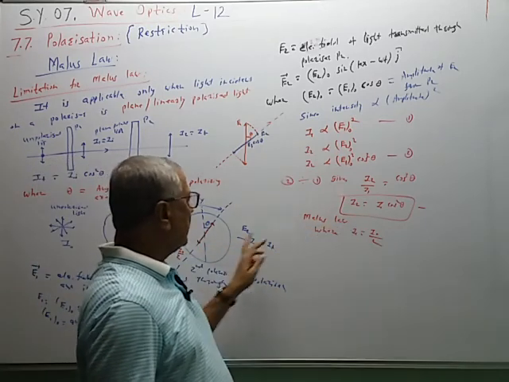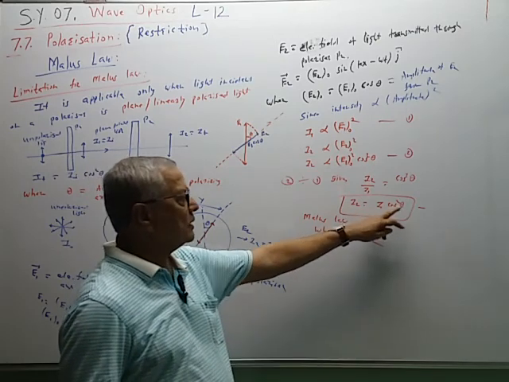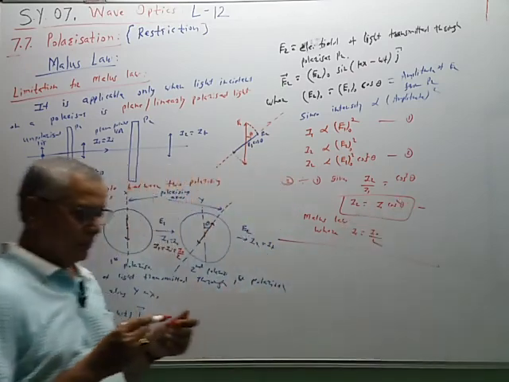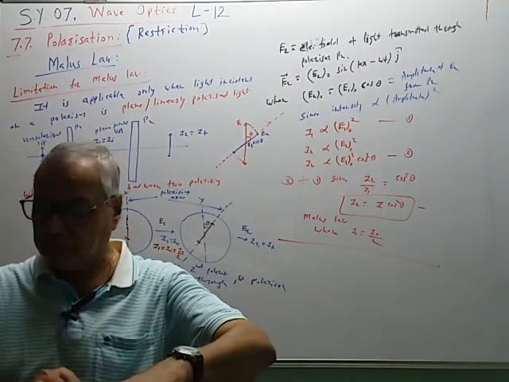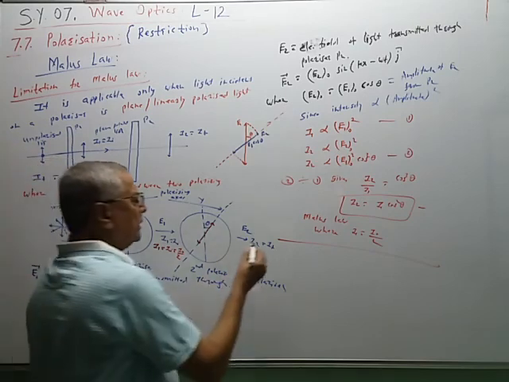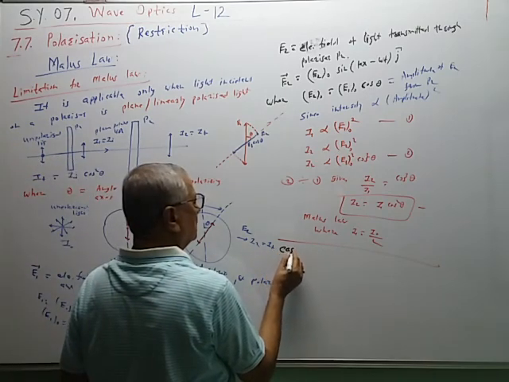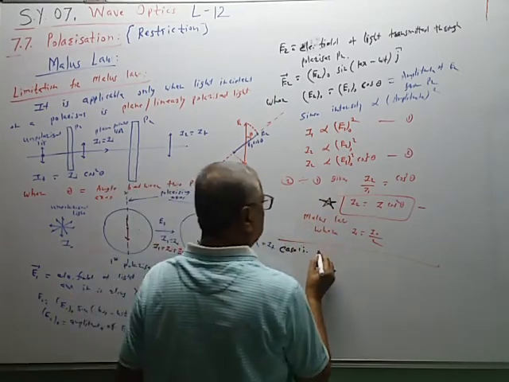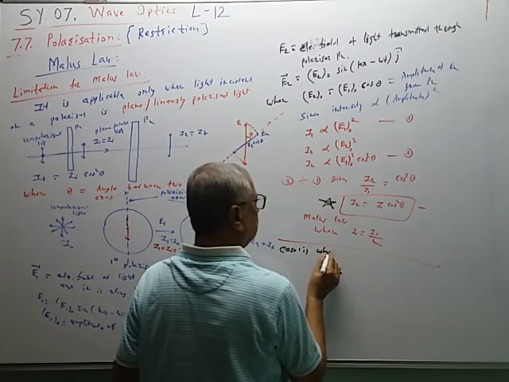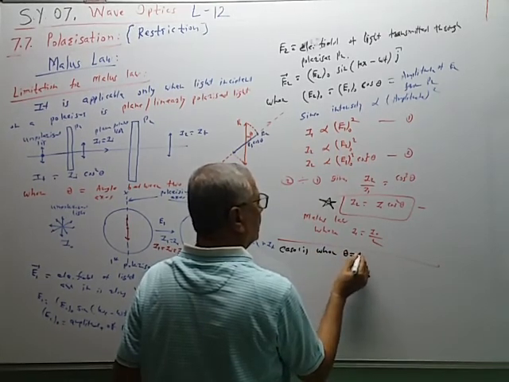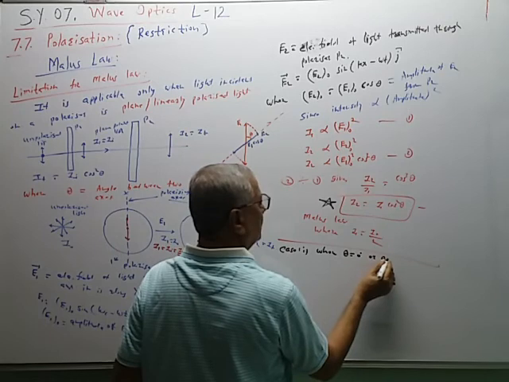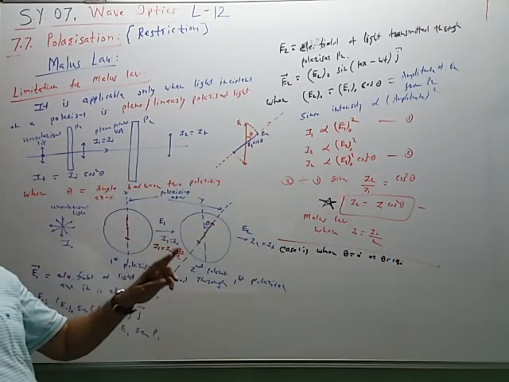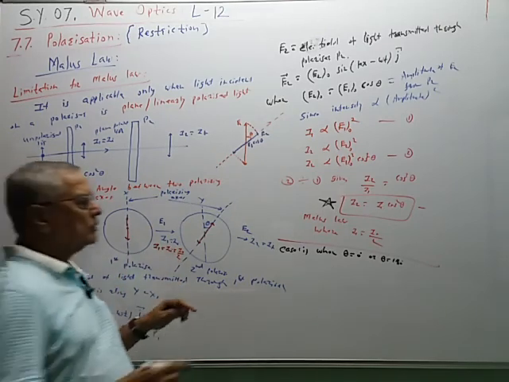So this value of I2, or transmitted light intensity, depends mainly upon theta. We can now give cases for this theta. Case number 1: when theta is equal to 0 degree or 180 degree, cos of 0 is plus 1, cos of 180 is minus 1, but cos square is plus 1.